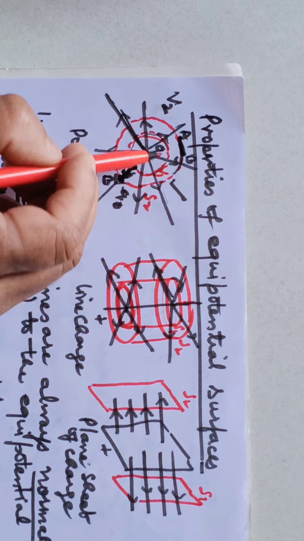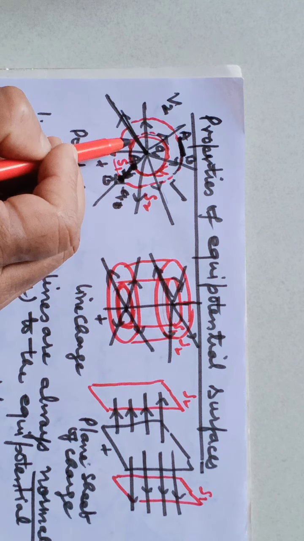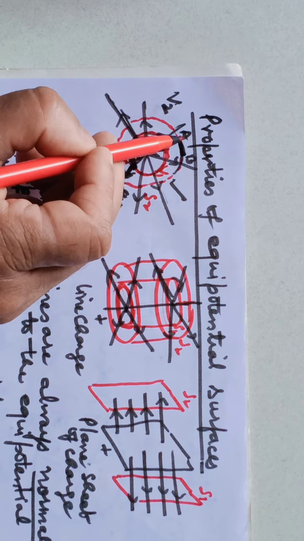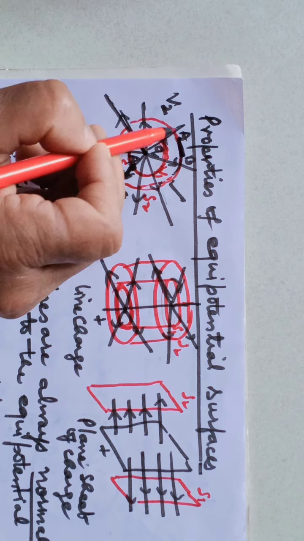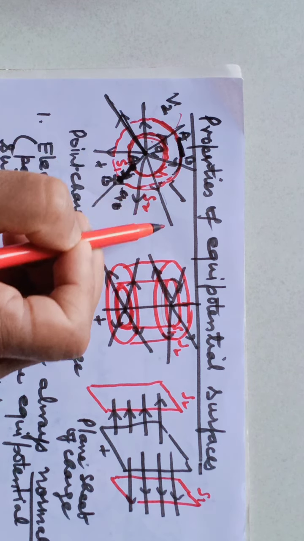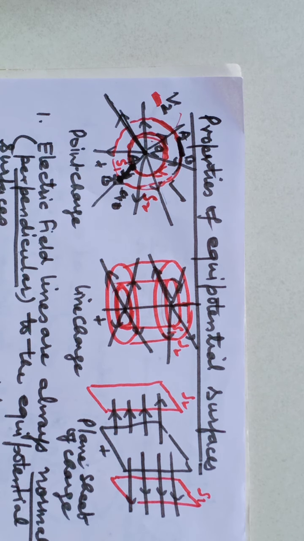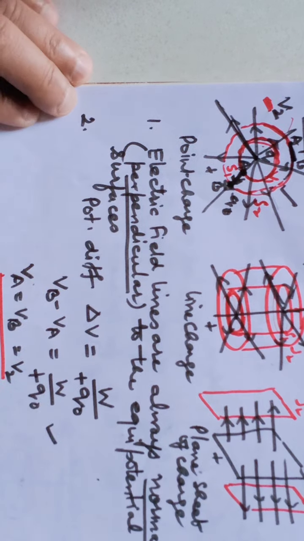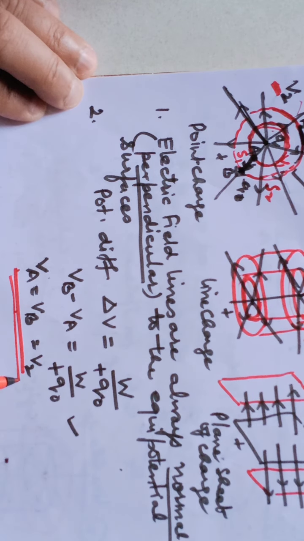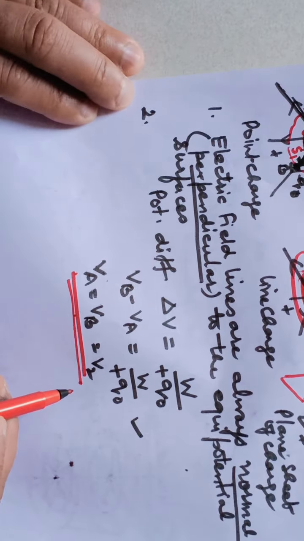Let all points have equal potential on this surface S2, say V2. So VA and VB are both V2.